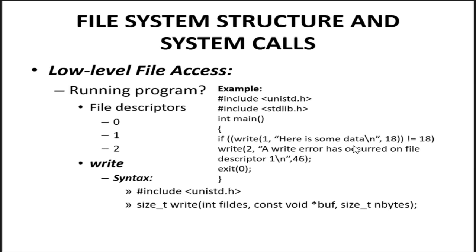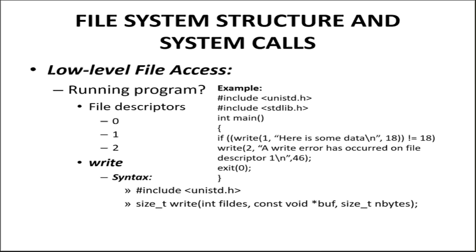The write system call is going to return the number of bytes written. If the number of bytes written is 18, then 18 is not equal to 18 is false, so the condition is not satisfied. Otherwise, if it returns less than 18 or greater than 18, the condition is satisfied.